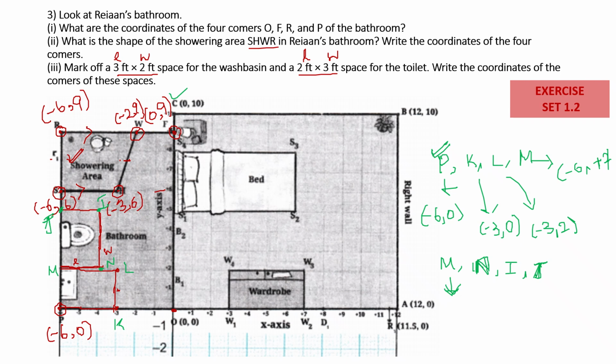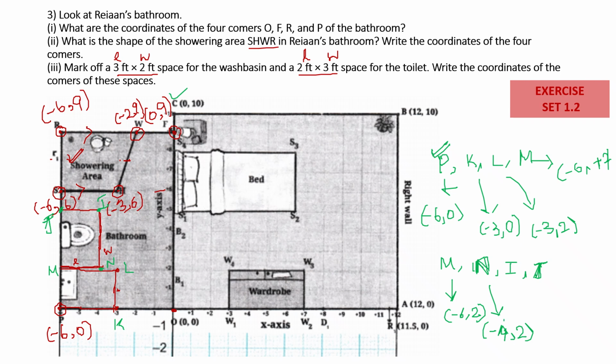We can write this as minus 6 comma 2, which we already wrote over here, right? So M is minus 6 comma 2. And the next one is N. N value is minus 4 comma 2.